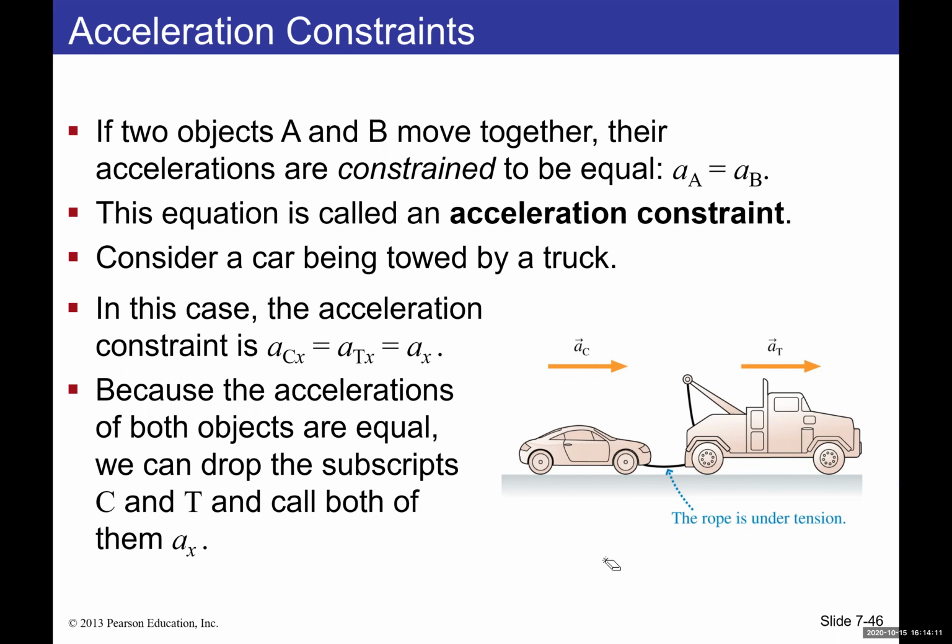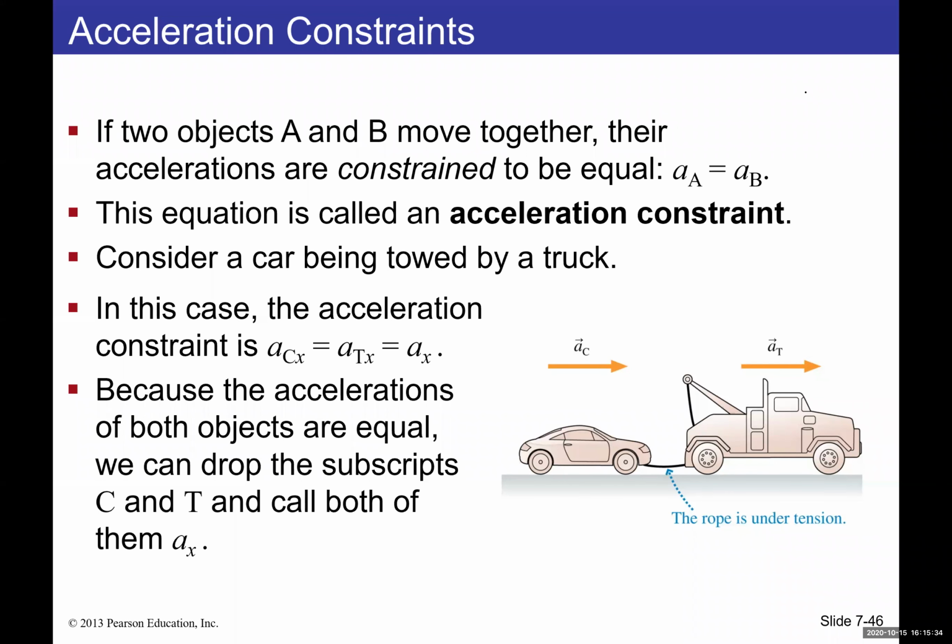One of the important things here is that whenever two objects are connected by a rope and accelerating, and the rope is taut, then the acceleration of the truck and the acceleration of the car will be equal to one another. That means they will be moving at the same speed at any instant of time.